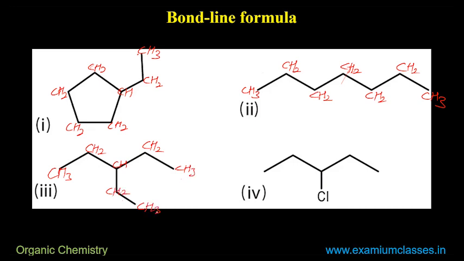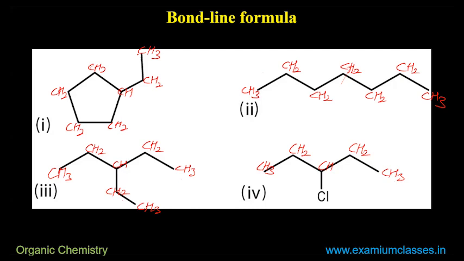Similarly, 5 carbons: leftmost 1 bond, 3 hydrogens. Second, 2 bonds, 2 hydrogen. 3 bonds, 1 hydrogen. 2 bonds, 2 hydrogen. 1 bond, 3 hydrogen.